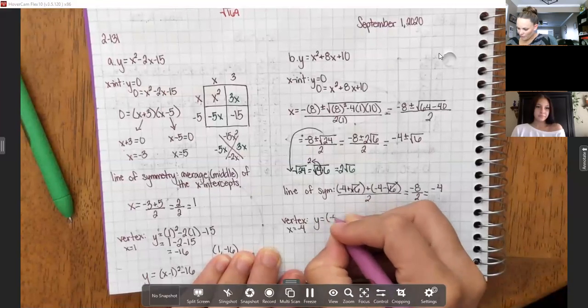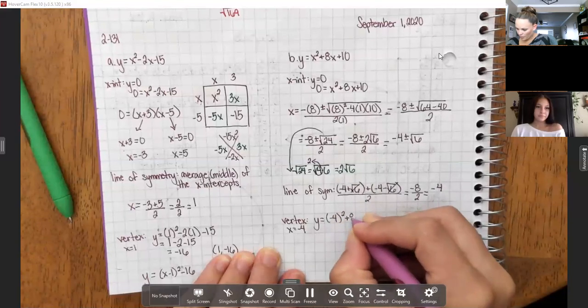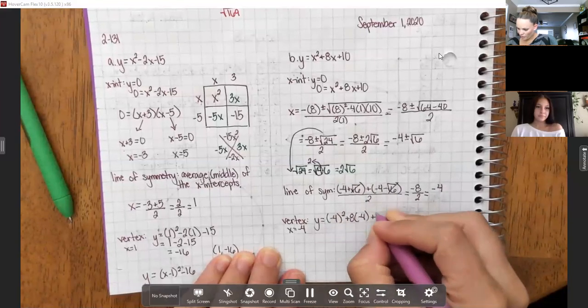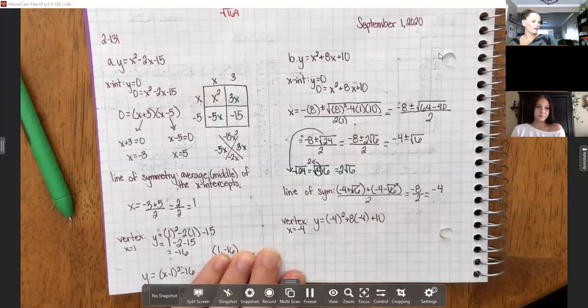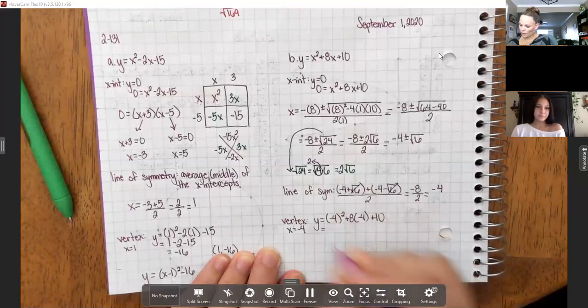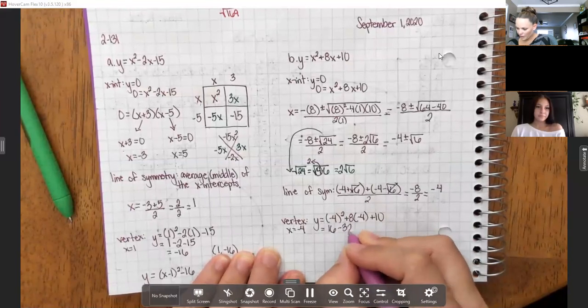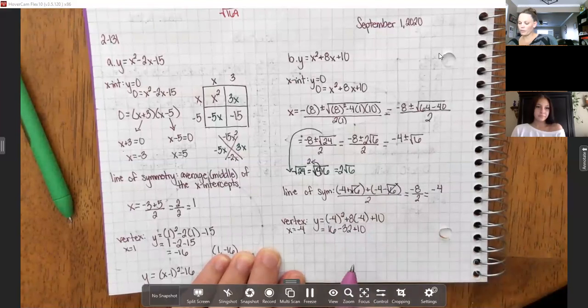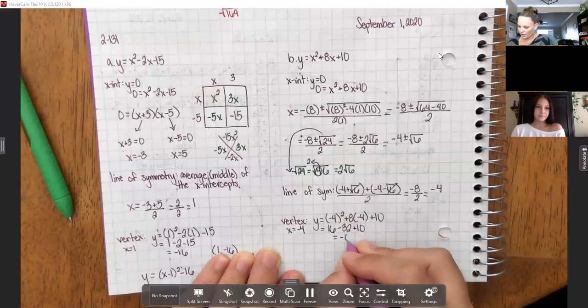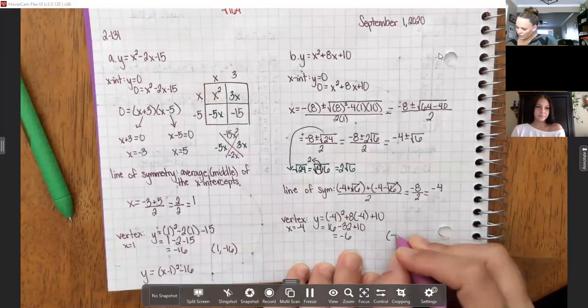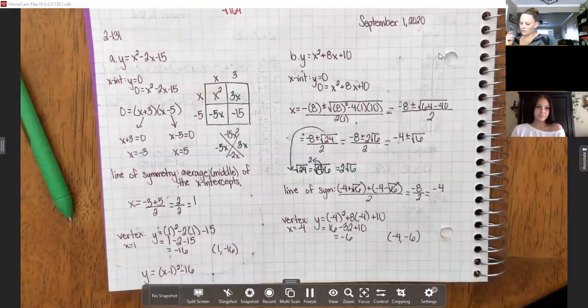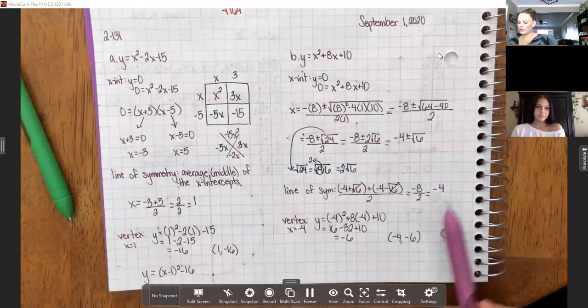So y equals -4 squared plus 8 times -4 plus 10. -4 squared, remember our negatives, -4 times -4 becomes positive 16, minus 32, plus 10. We end up with -6. So our vertex here is -4, -6. The x came from the line of symmetry, and then the y value came from plugging it in.